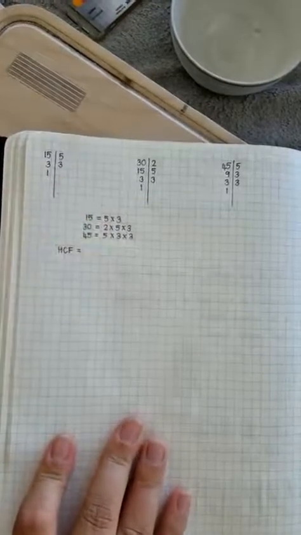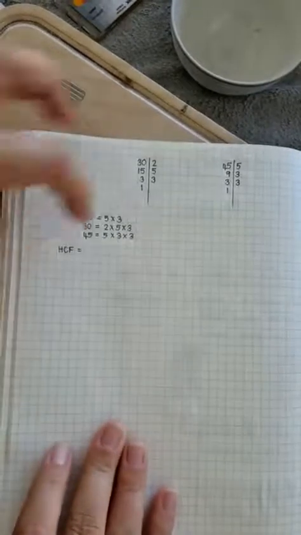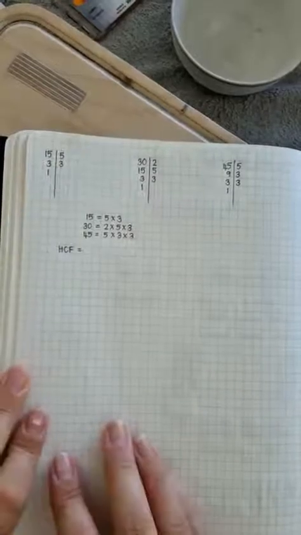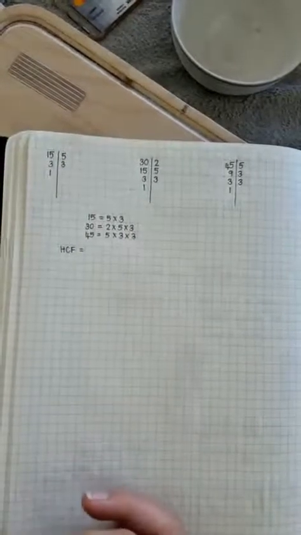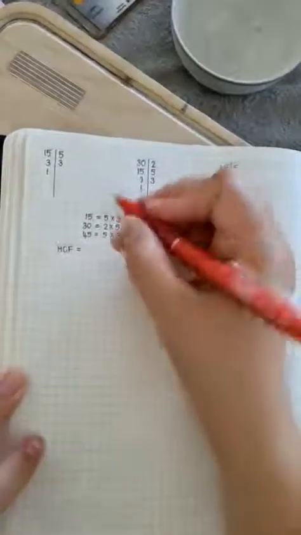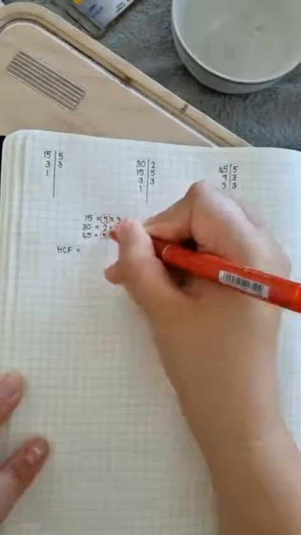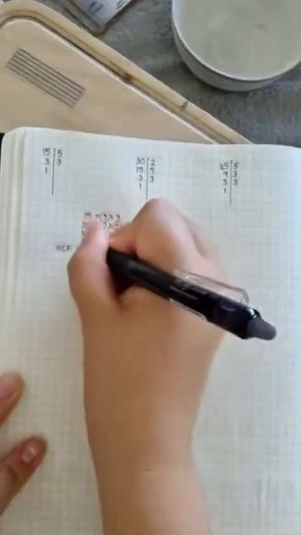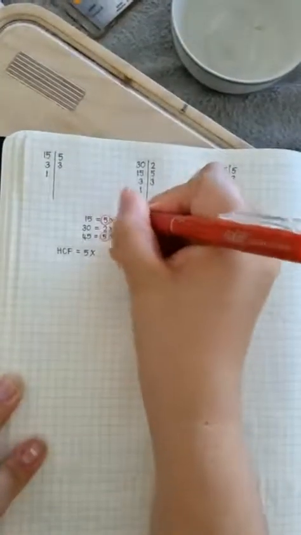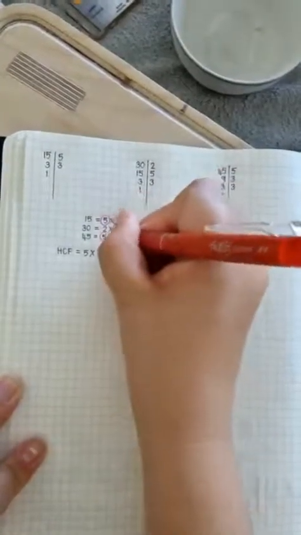So 2 can't be in the HCF because the numbers that we choose, that we now actually multiply, have to be in all 3 of them. So the 2 is not going to be, but we see that we have a 5 in all 3 of them. So that is going to be a part of our HCF, 5, and then times, then we have a 3 in all 3 of them.